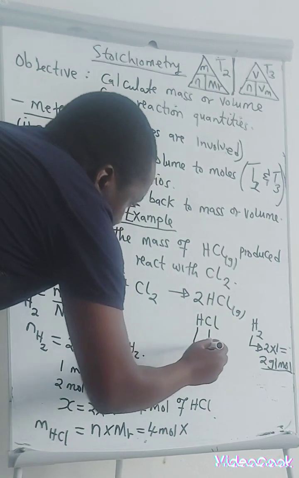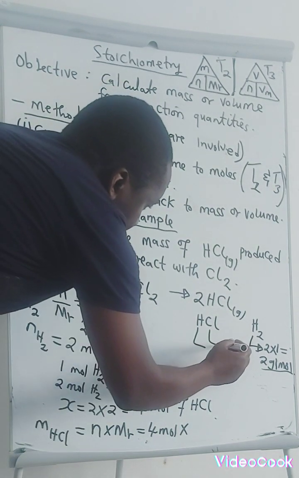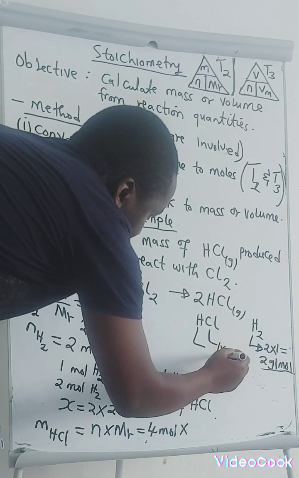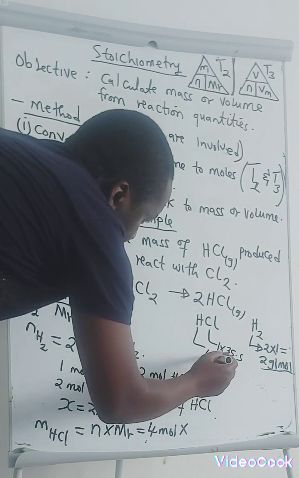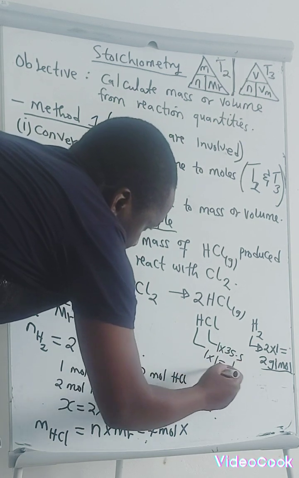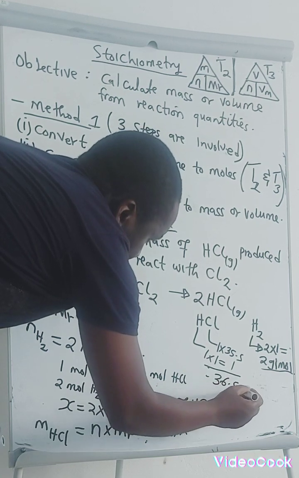That is 1 multiplied by 35.5, then 1 multiplied by 1, so altogether we have 36.5 grams per mole.